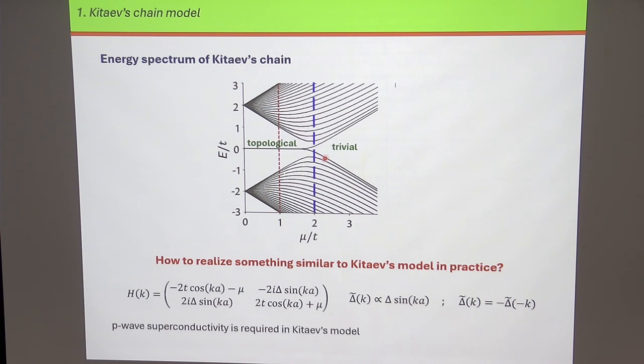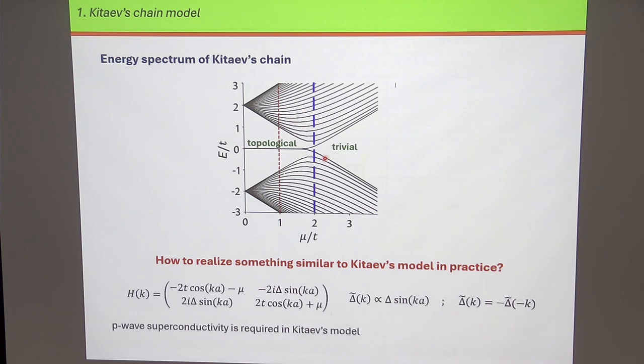And the reason for that is that this conclusion that we got, that this transition will happen exactly when mu is equal to 2t, is for the infinite chain, but this chain is finite. And so there is overlapping of these Majoranas, okay?